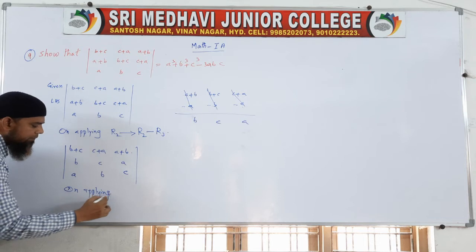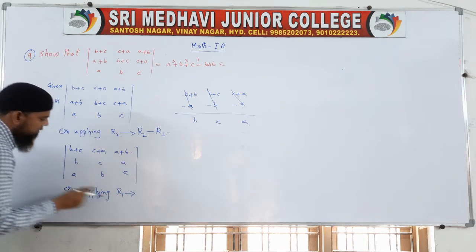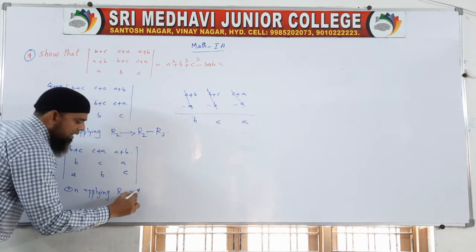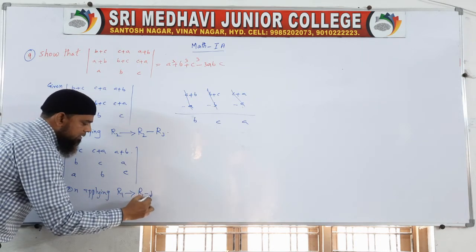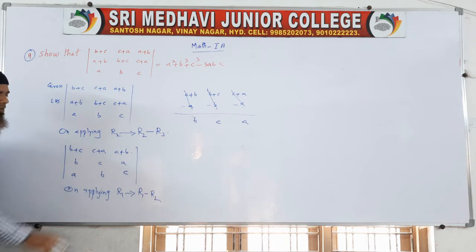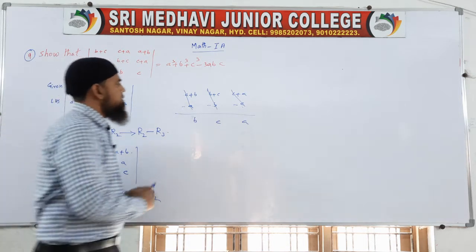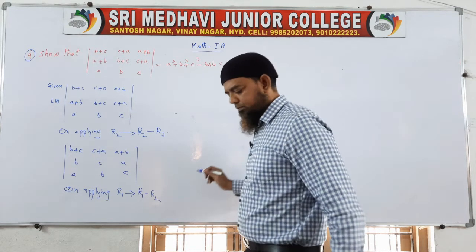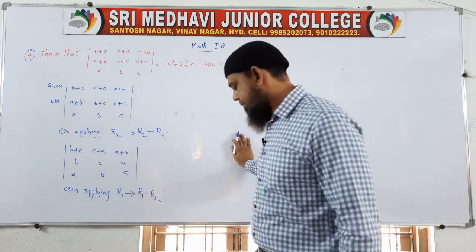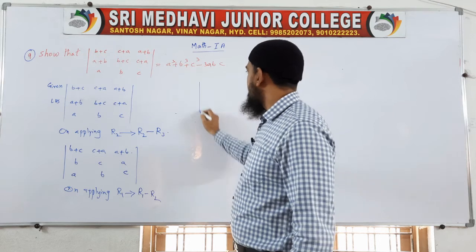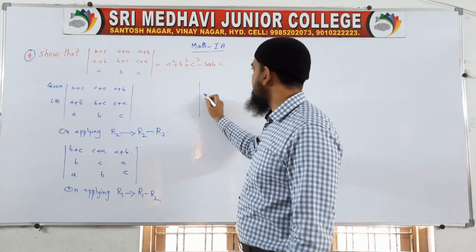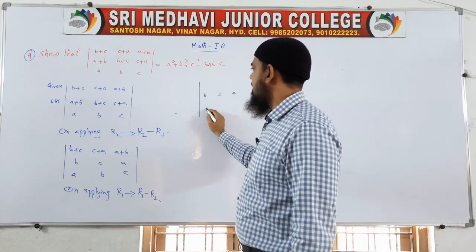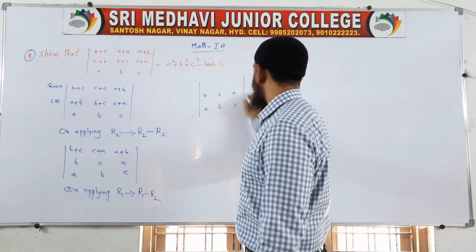On applying, R1 tends to, see here, now these two you just see, b gets cancelled. So R1 minus R2. So R1 is going to change now. Next, as it is we are writing b, c, a, a, b, c determinant.